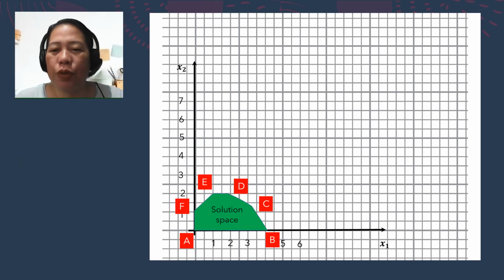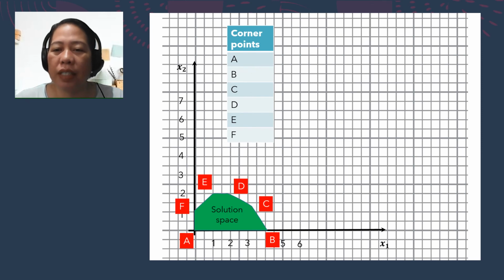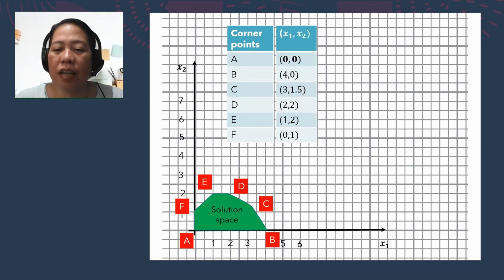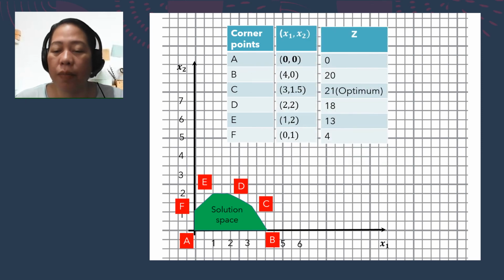The optimum solution can also be found simply by enumerating all the corner points as the following table shows. As the number of constraints and variables increases, the number of corner points also increases, and the proposed enumeration procedure becomes less tractable computationally.